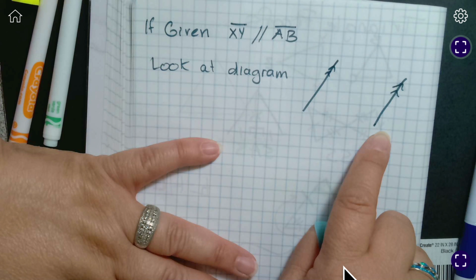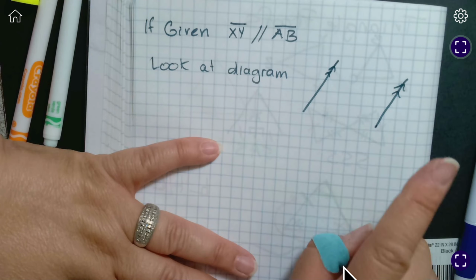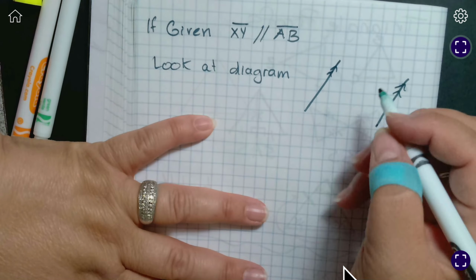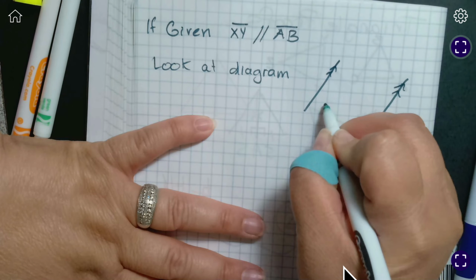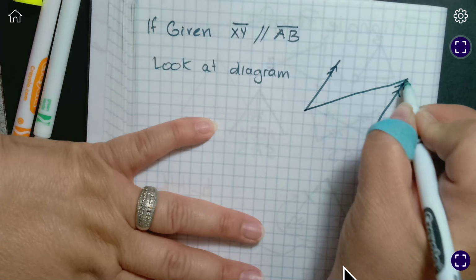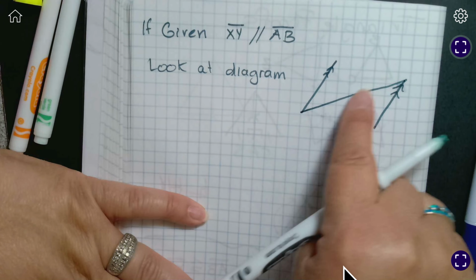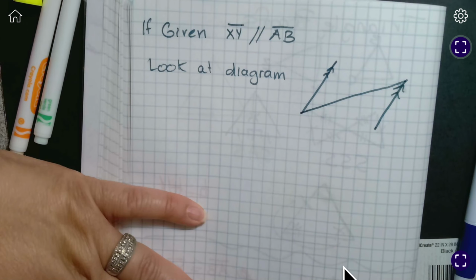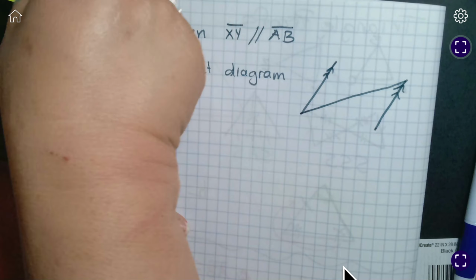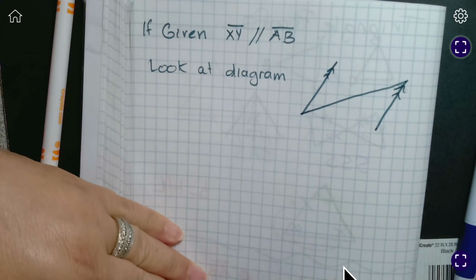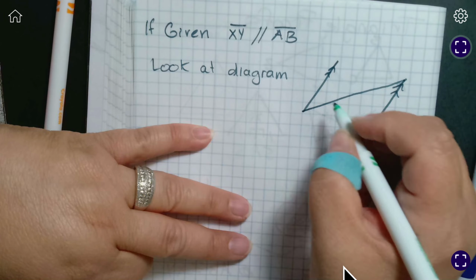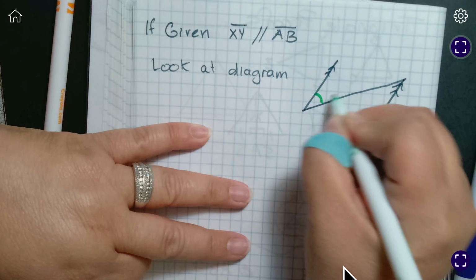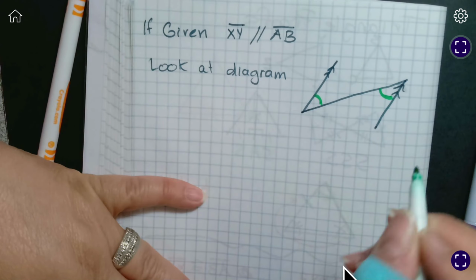So let's say it's a line going from here to here. That's your transversal. Then you can say, let's say this angle here is congruent to this angle.